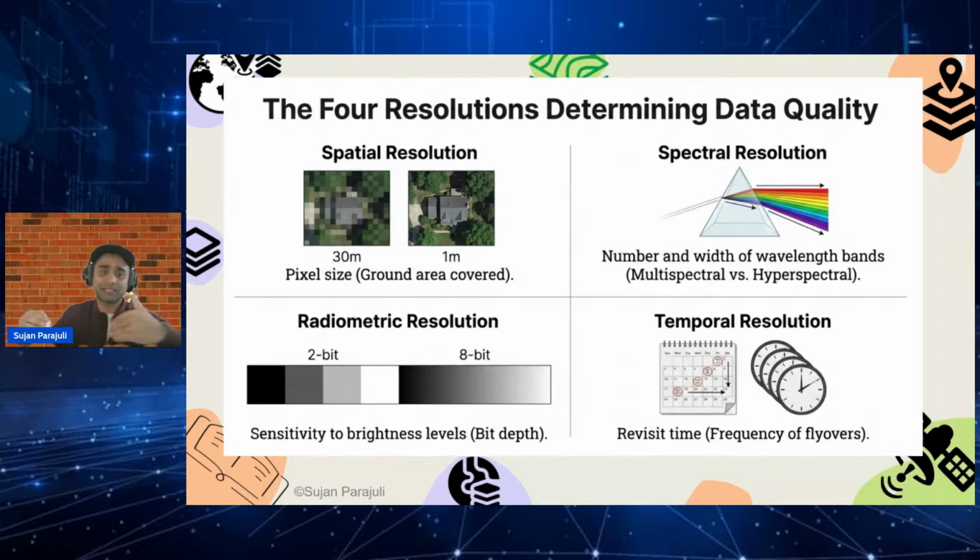So the higher the spatial resolution, the less coarse it is. If you have a spatial resolution of 1 meter, then we have much more detail on the ground. When we have a 100-meter spatial resolution, then we have less detail on the ground.